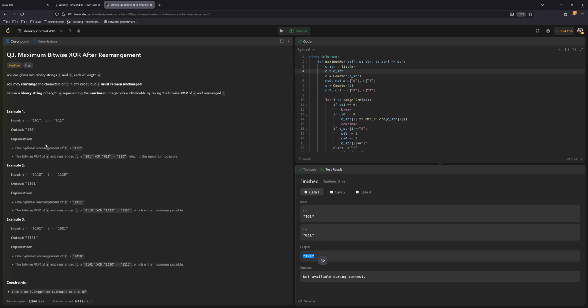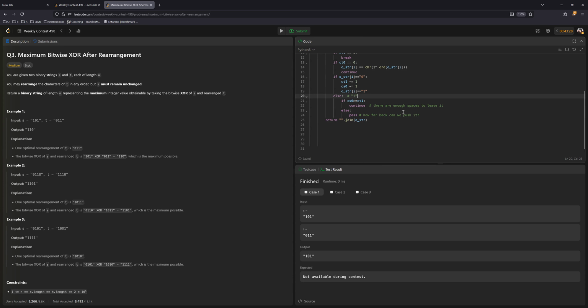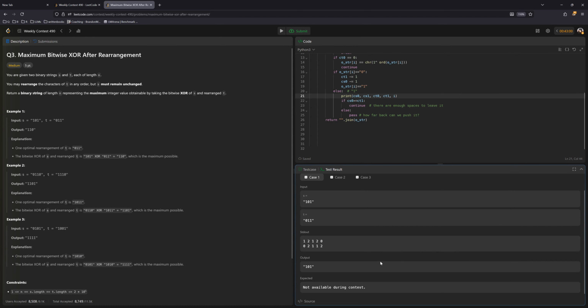Output is 1, 0, 1. Print CS0, CS1, CT0, CT1, I. Okay.